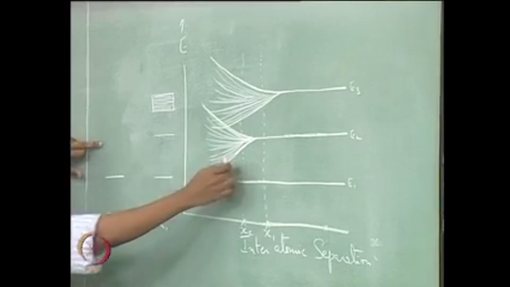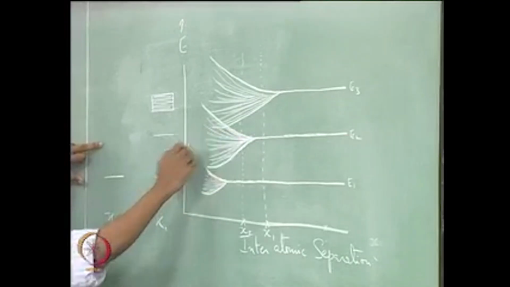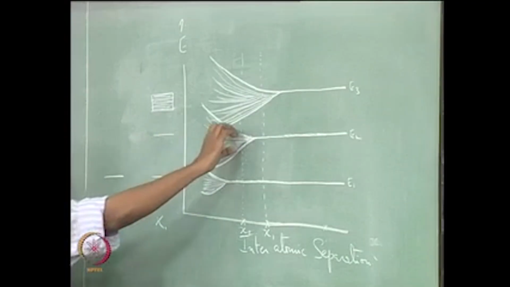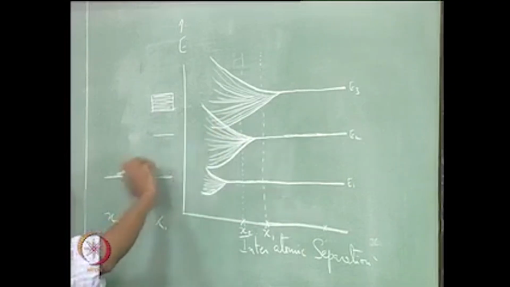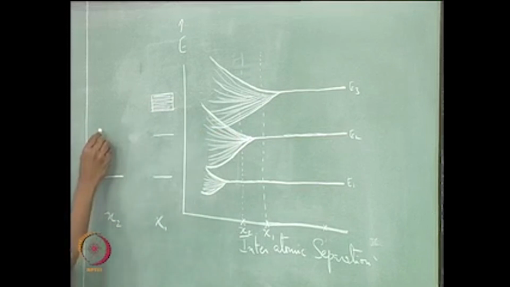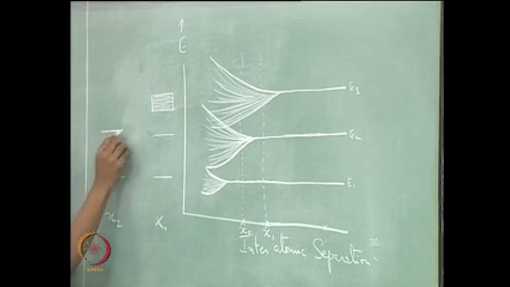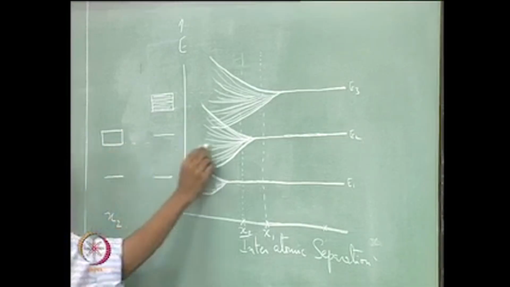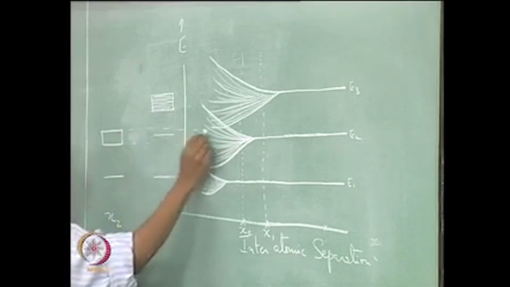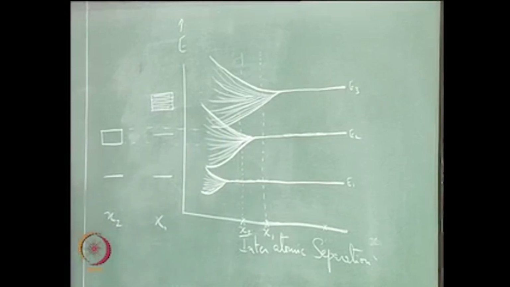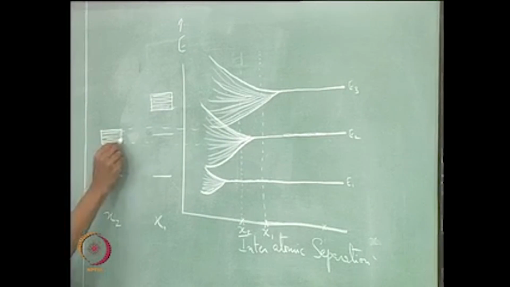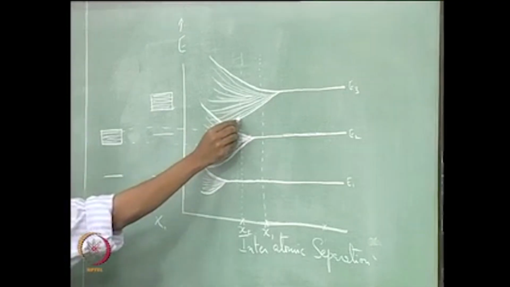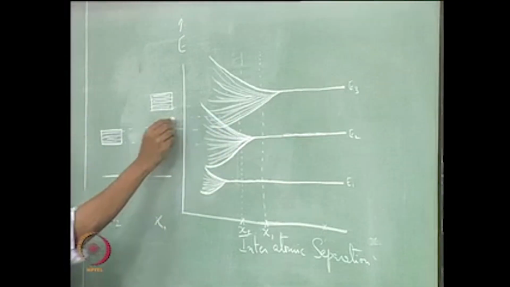At x2 even this energy level E2 has split into a band, which is a relatively narrow band here, so that is the band that we have here. If you look at the band here, it is roughly something like this. So that is the band that is already split, and the band that is above it has actually become wider.